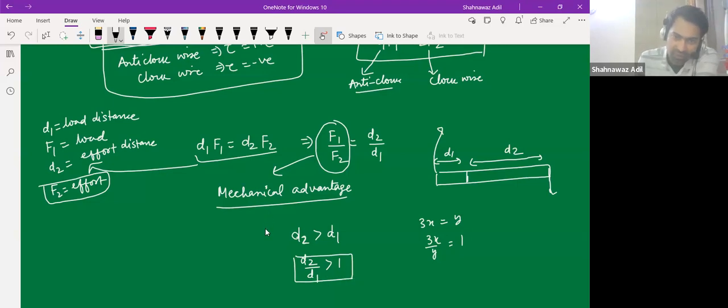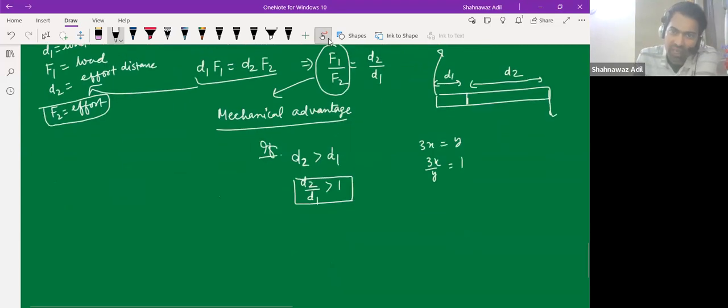So if this is the condition, then what will happen to the mechanical advantage? The mechanical advantage would obviously be greater than 1. What would F1 by F2 be, guys? D2 by D1 is greater than 1. So F1 by F2, if you put this value, is greater than 1, right?